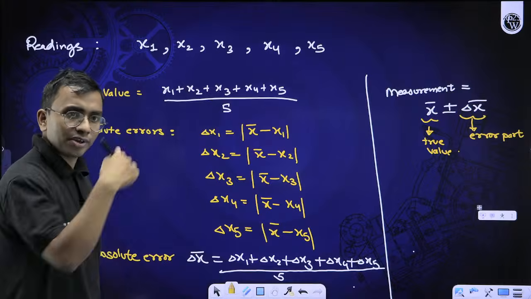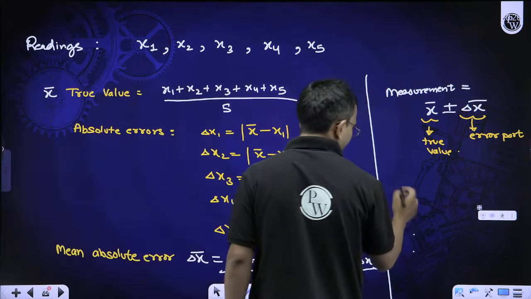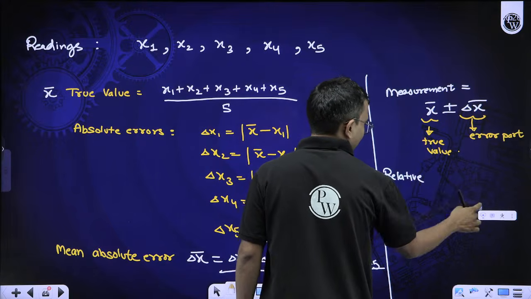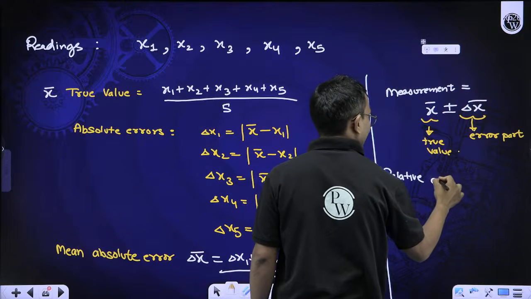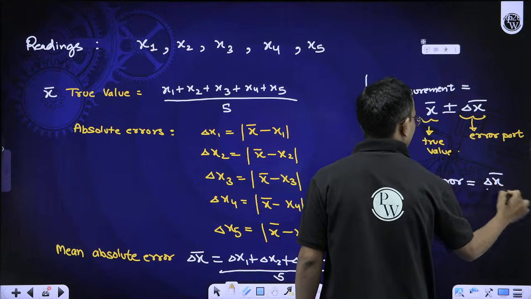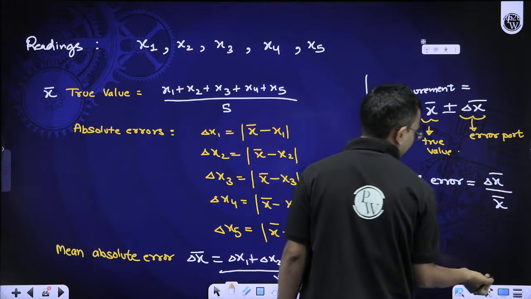And if somebody asks you what is the relative error, you take the error part divided by the true value. This is my relative error.